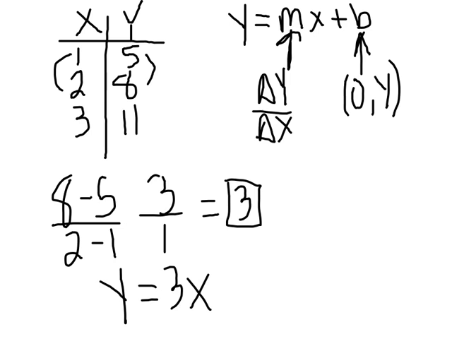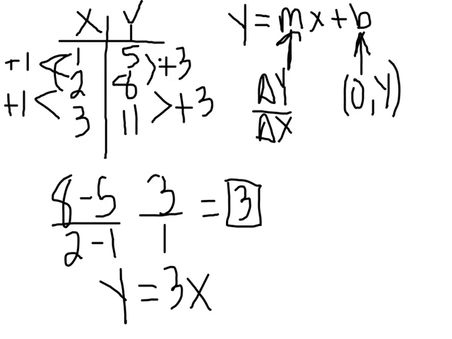Now, let's go back and look at this table. I see that my x values are increasing by 1. As my x values are increasing by 1, my y values are increasing by 3. Now I need to go backwards to where my x value is 0, because where x is 0, the value of y is my y-intercept. So if I take this table one step back, that means I'm going to subtract 1 to get to 0.